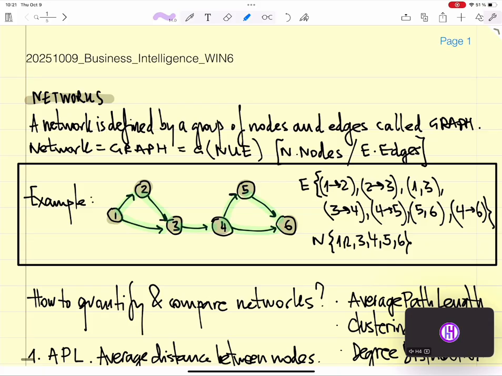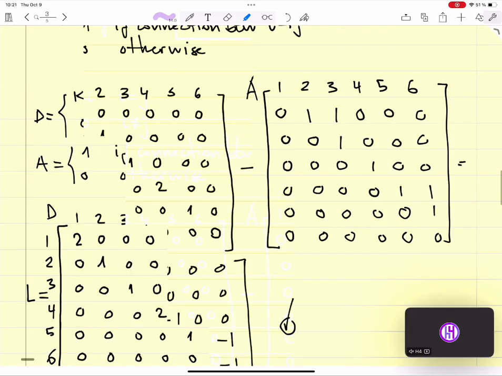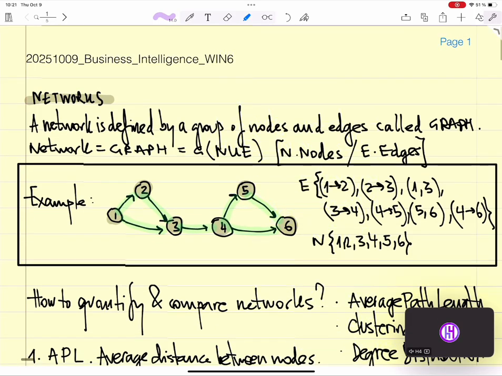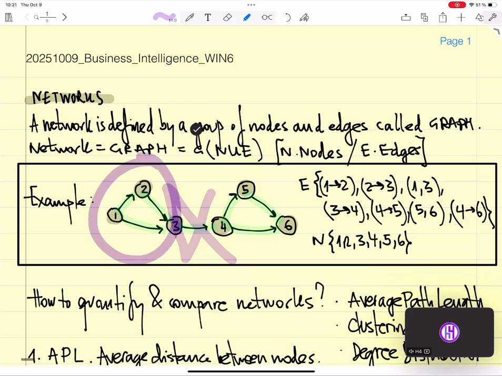Okay? In order to make good decisions, because if you're a manager of this network and you don't identify that the friendship between 3 and 4 is crucial, and these guys break up their relationship, you will be having 2 departments like logistics and production if 3 and 4 don't talk to each other anymore. And then you have a problem as a manager.